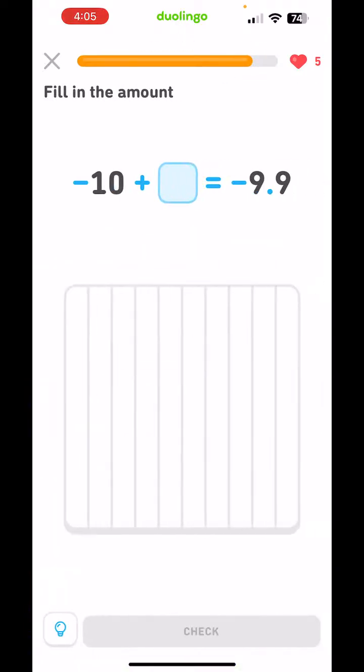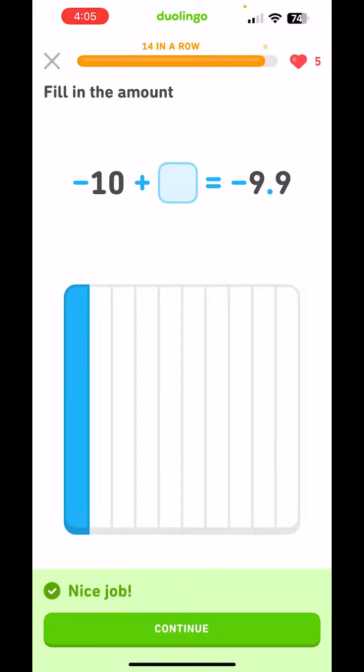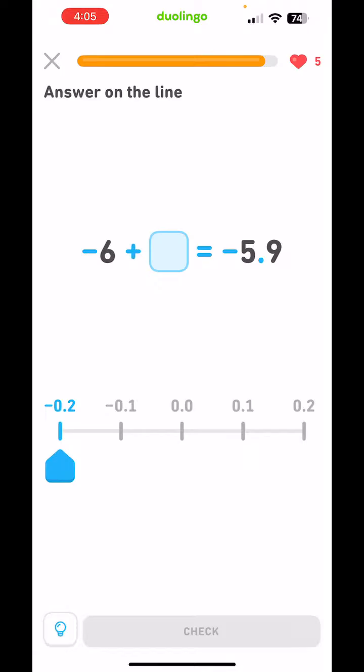Okay. And then negative 10 plus x equals negative 9.9. That would be 0.1 again, I believe. Yep. And now we have negative 6 plus x equals negative 5.9.